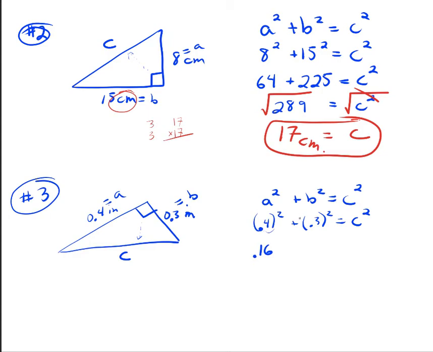So it's 0.16 plus 0.3 times 0.3 would be 9, and then one place value times one place value is two place values, so 0.09, and that equals c squared. Now I can still add those together, so 0.16 plus 0.09 would be 0.25, or 25 hundredths, equals c squared.